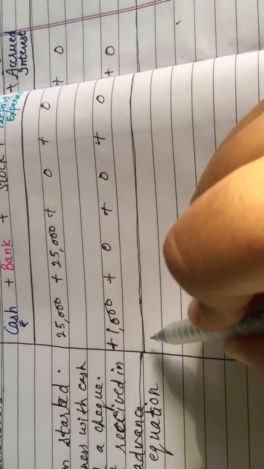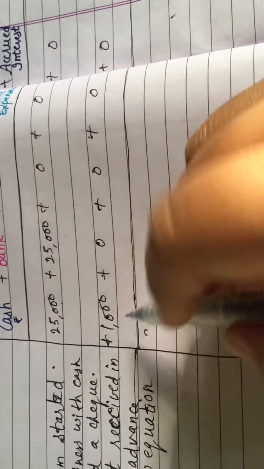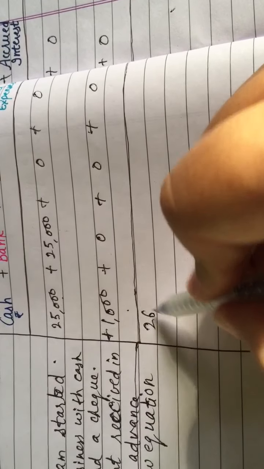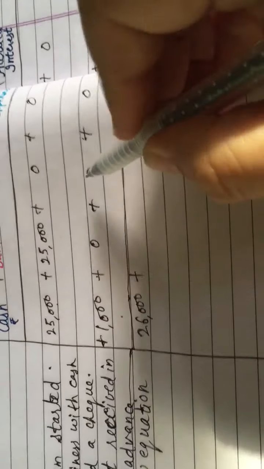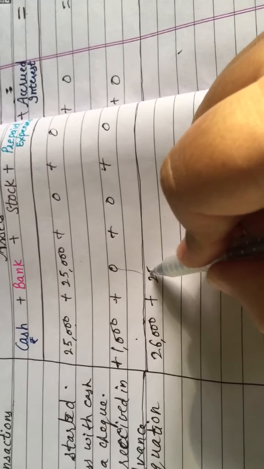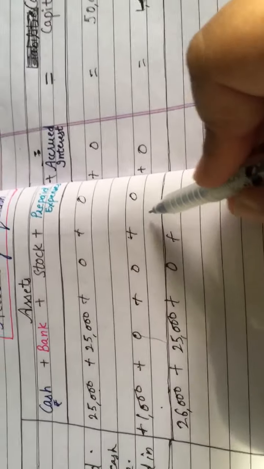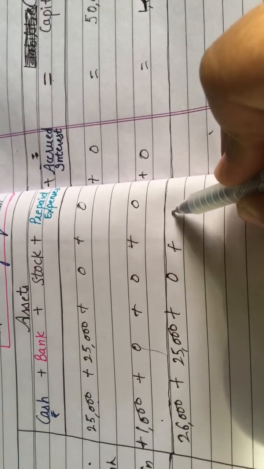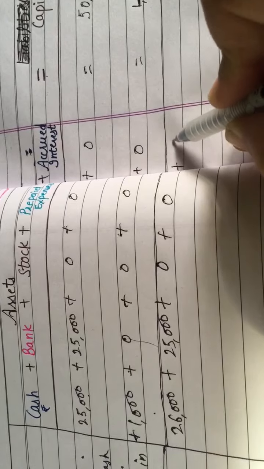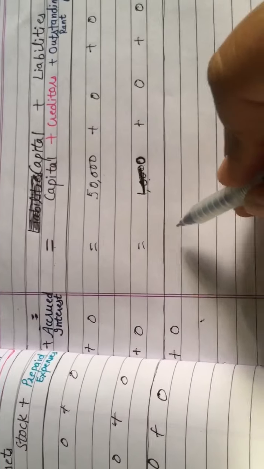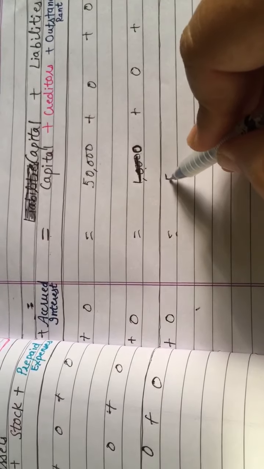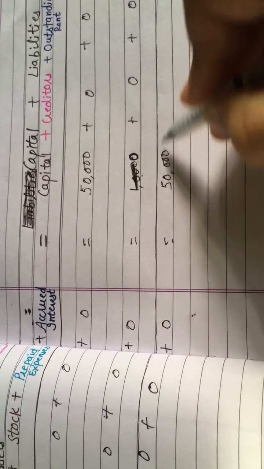Cash is rupees 25,000 plus 1,000, that is rupees 26,000. Bank rupees 25,000. Stock 0, as we have not purchased stock yet. Prepaid expenses 0, accrued interest 0, and capital is rupees 50,000.